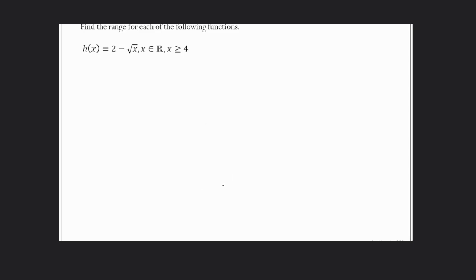Okay. Then the next problem, 2 minus root x. When x is increasing, root x is also increasing, and minus root x must be decreasing. So 2 minus root x is a decreasing function. Okay. So at x equal to 4, 2 minus square root of 4 equals 2 minus 2 equals 0.